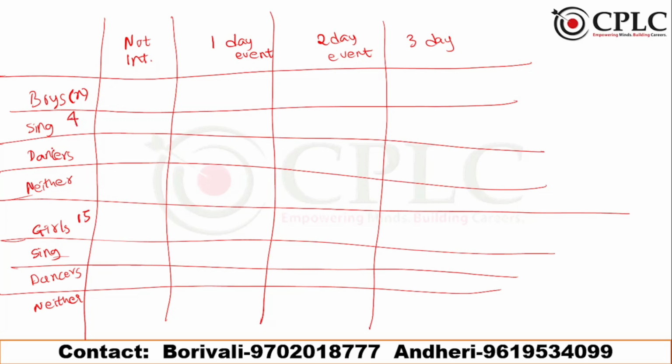So total singers are 6, boys who are singers is 4, so obviously girls who are singers is 2. Then the total number of dancers is 10, which is given. Also the number of boys who are dancers is 6, so that means the number of girls who are dancers is 4, because the total dancers is supposed to be 10.